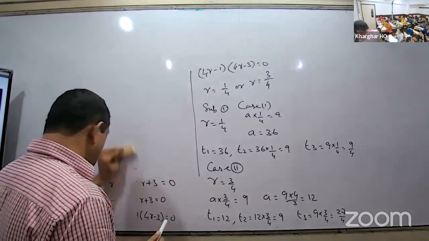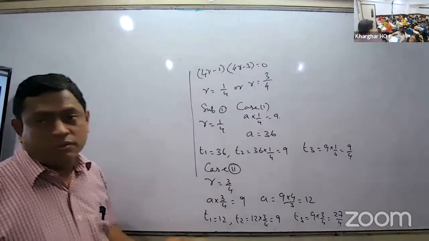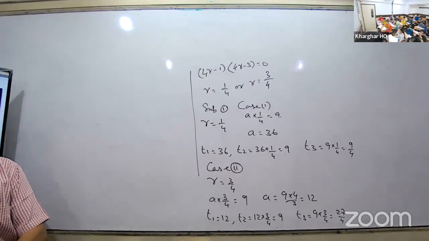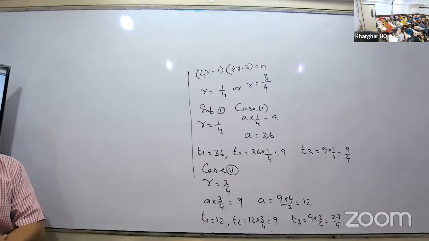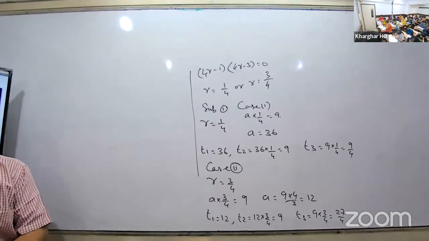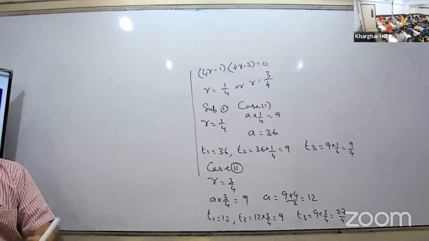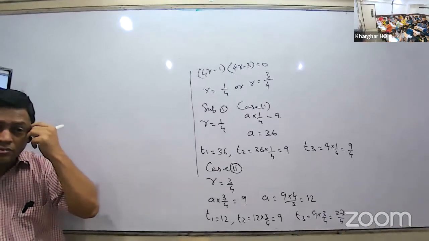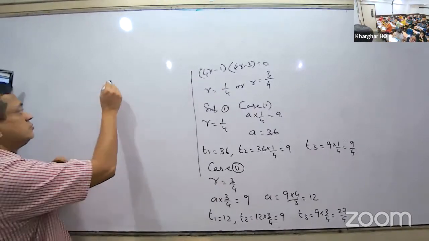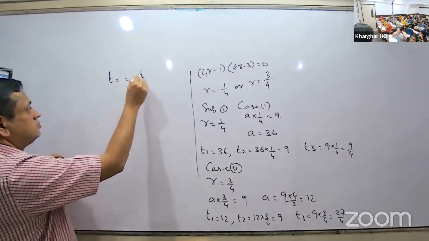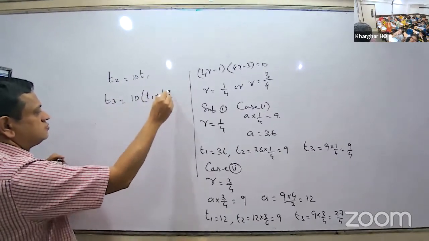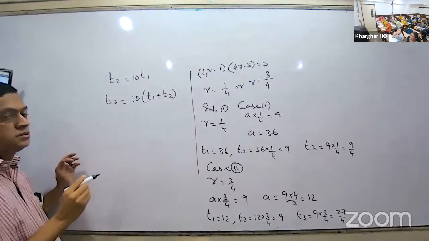One of you explain. Let me hear from them. You have to find the common ratio of an infinite GP whose each term is 10 times the sum of its succeeding terms. So T2 is equal to 10 times the sum.